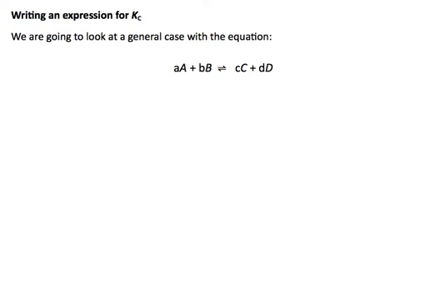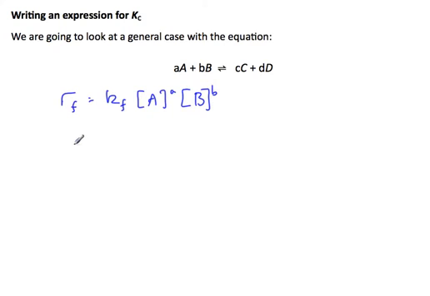And so we can write a rate law for the forward reaction. Rate forward equals K forward times the concentration of A raised to the power of a, times the concentration of B raised to the power of b. That refers to the rate of the forward reaction.